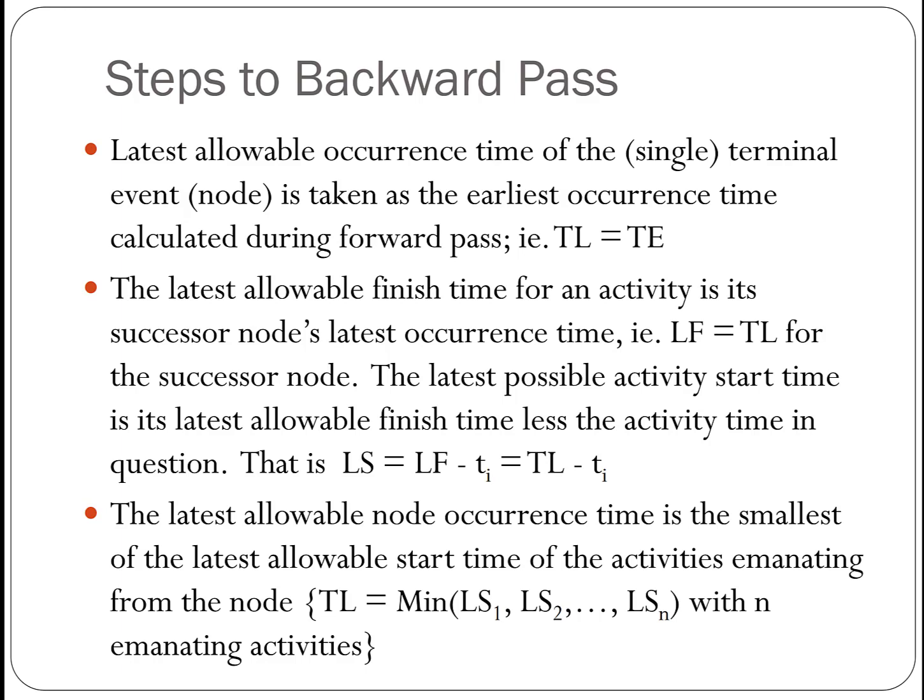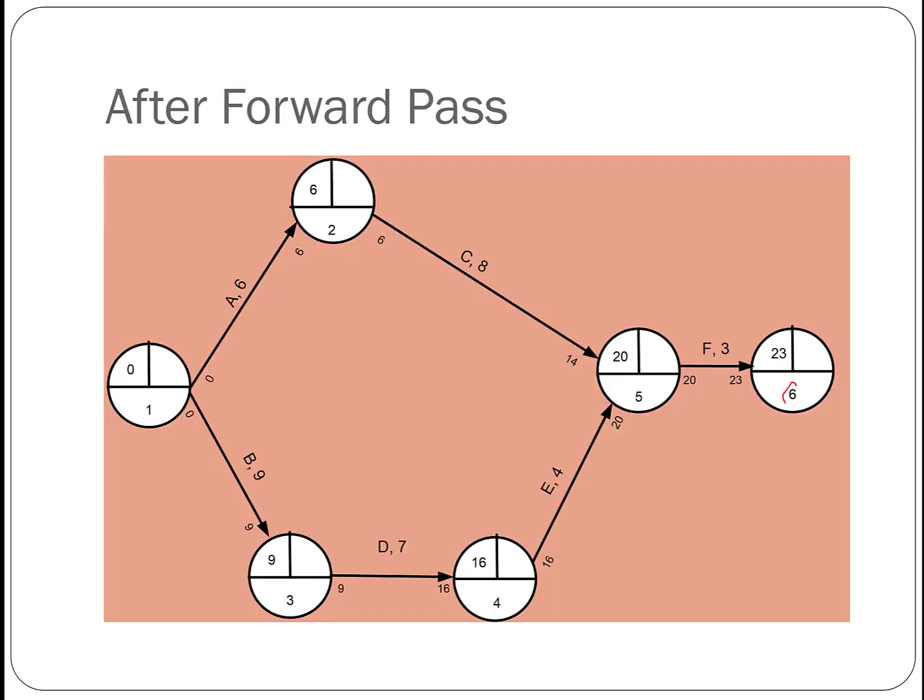What does this mean? This node 6 is our terminal node, which means the last node or the finish node of our project. Its latest time is the same as its earliest time, because the time that a project completes is the earliest and the latest, unless you want to delay it.